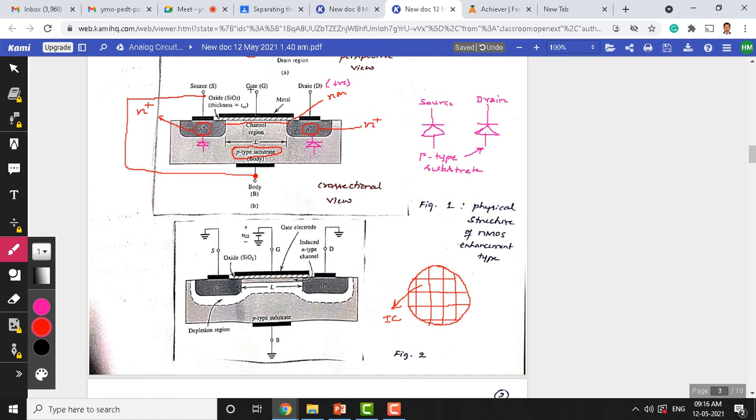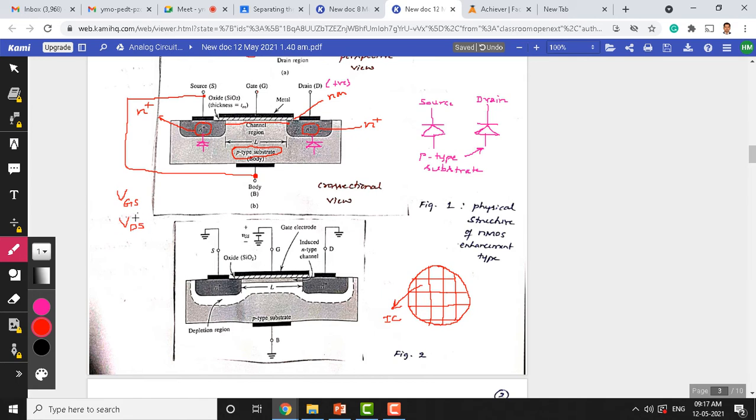For example, the gate source voltage we apply between gate and source. There are only two voltages here which we need to understand. One is VGS, the other is VDS. So VGS is nothing but the voltage applied between gate and source. This is the control voltage that creates the channel here. We will see what kind of gate source voltage creates a channel between the two regions, the source and drain regions respectively.